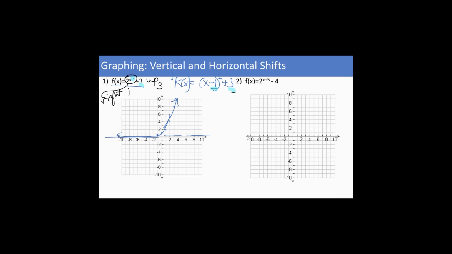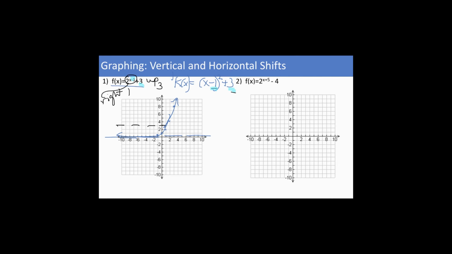Now, using transformations, I'm going to take every point and move it 1 to the right and up 3. Now, question is, do you also have to move the asymptote? Yes, you do. And actually, that's one of the first things I do. So if you move an asymptote 1 to the right, can you see the change of it? No, but you can see up 3.